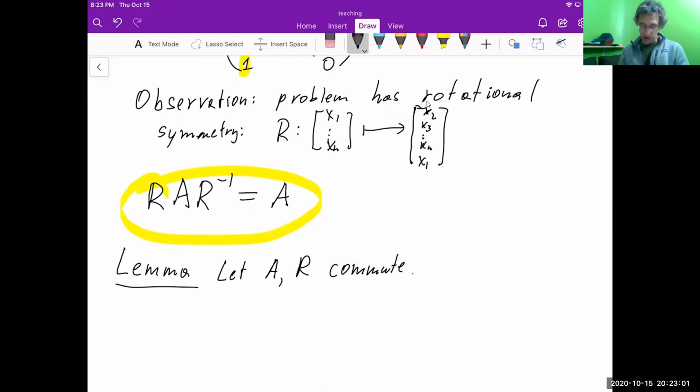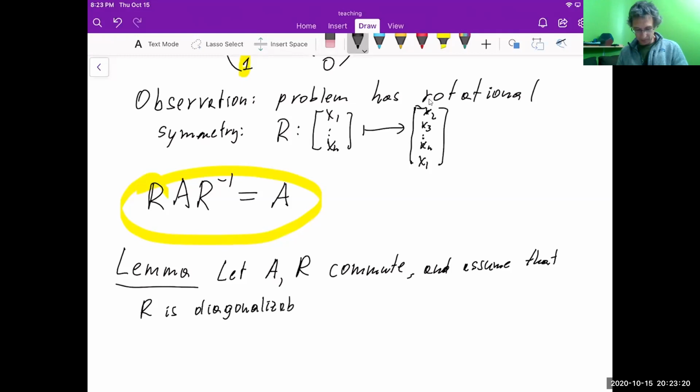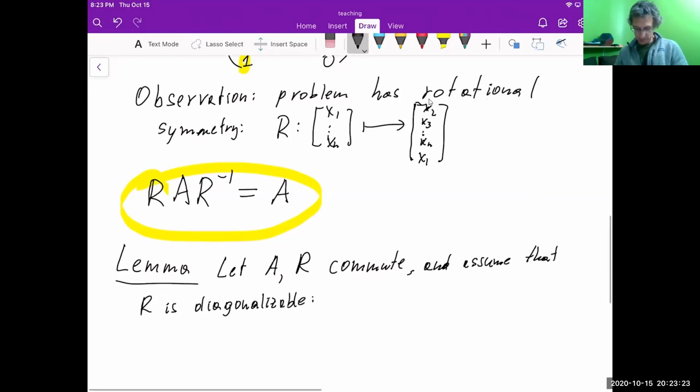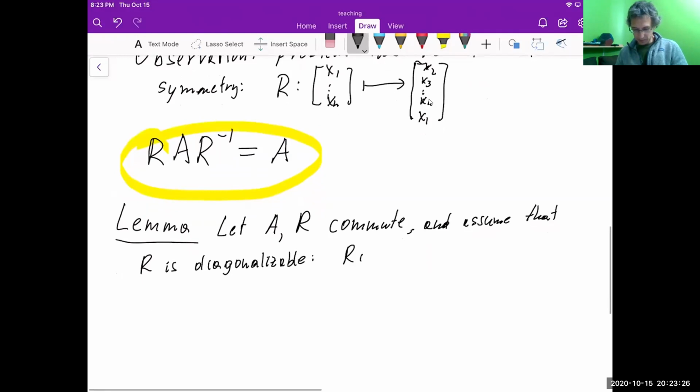Suppose that you have two operators which commute, and assume, moreover, that one of these operators, the second one, is diagonalizable. Moreover, assume that all eigenvalues lambda i are distinct.